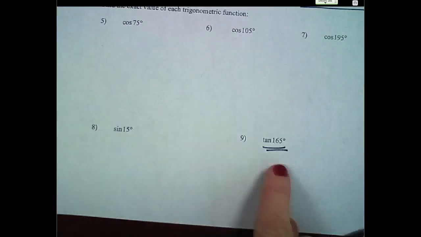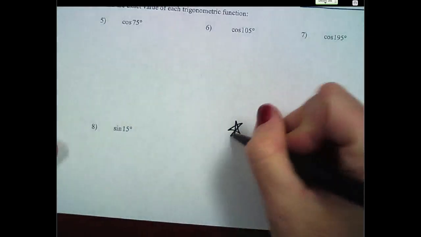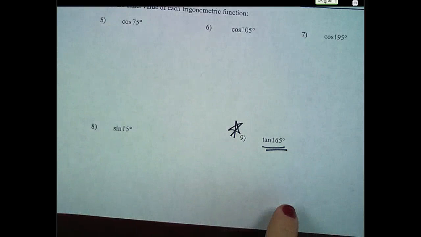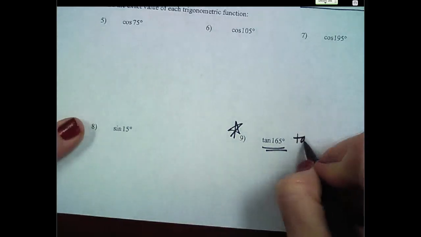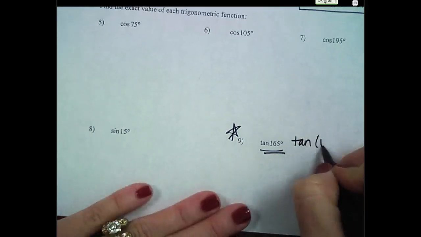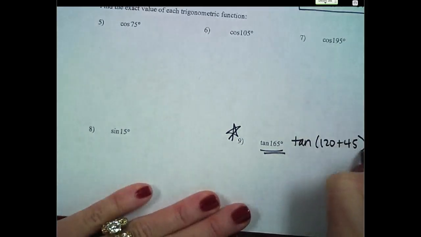But when you're doing tangent, this one gets a star, avoid tangents of root 3 over 3. So can anybody come up with 165 that's gonna avoid the numbers you're not allowed to use? Okay, that'll work great. So use tangent of 120 plus 45 here, and then expand that.